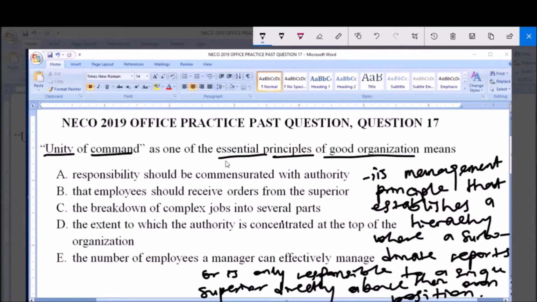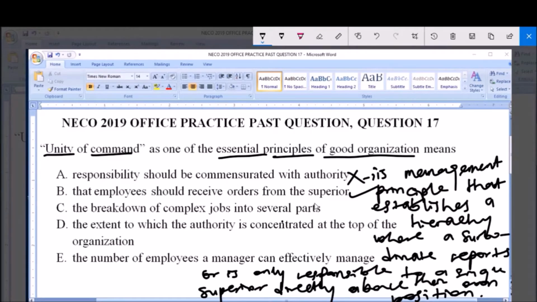Now the question says unity of command as one of the essential principles of a good organization means A. Responsibility should be commensurate with authority. No. B. That employees should receive orders from the superior. Yes, it's correct. They are responsible to their direct superior, so they receive orders only from their superior.